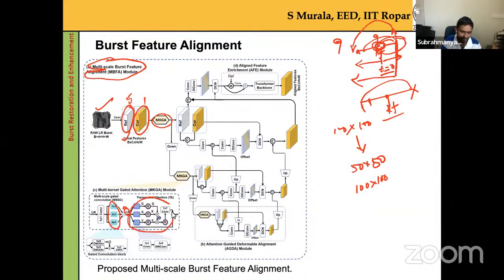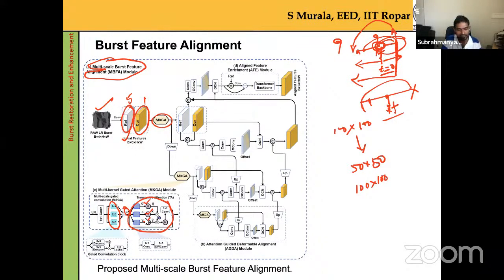I will explain the transformer in later slides. But in the transformer block, we have a query, key, and value. Value is a kind of data feeding, similar to simply applying a small convolution, a small adjustment on the given data.